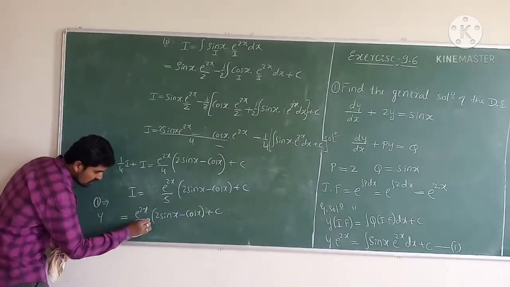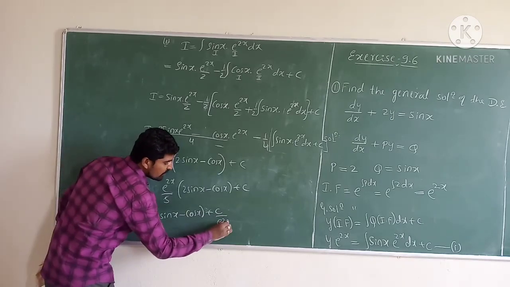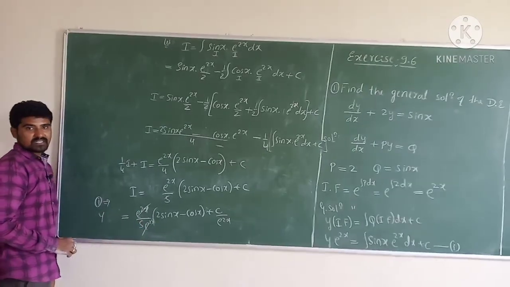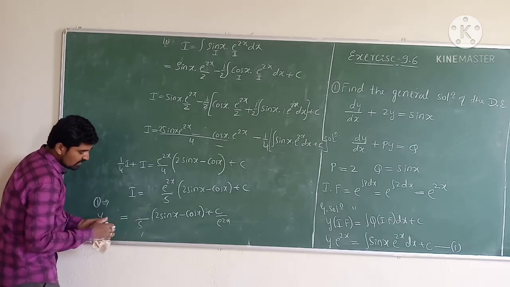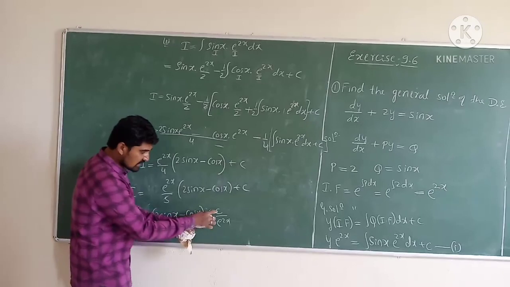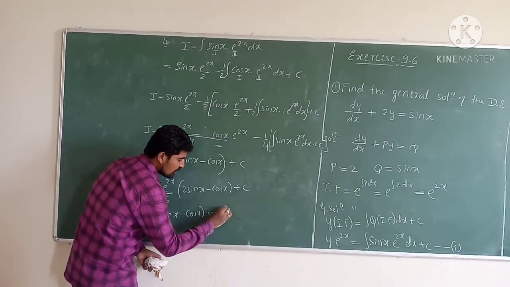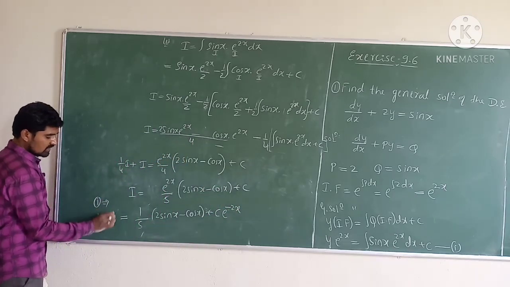This becomes 1 divided by e power 2x and c divided by e power 2x. E power 2x and e power 2x get cancelled. The remaining term is 1 by 5 into 2 sin x minus cos x plus c divided by e power 2x, which becomes c into e power minus 2x. And this is the required general solution.